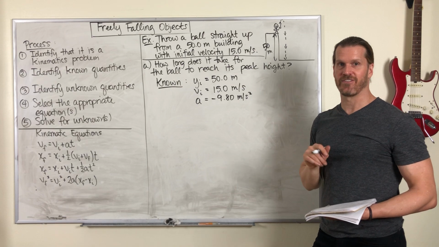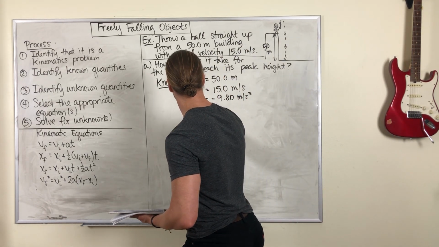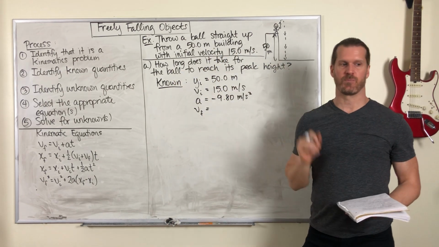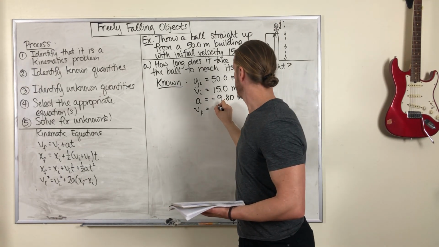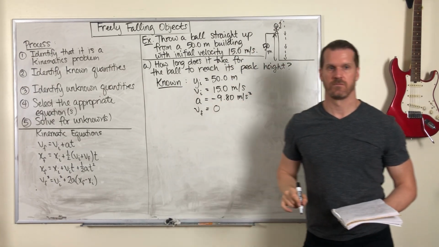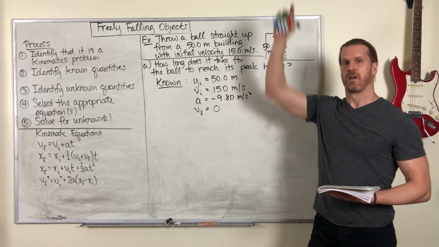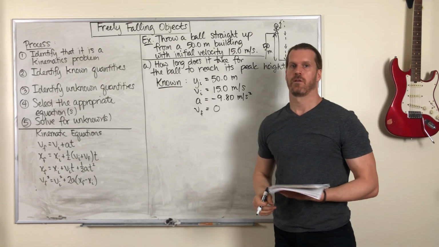And the other thing that's not stated, but which is definitely true, is that the velocity at that peak height is 0. Whenever you throw an object up, at the peak of its motion, that velocity is 0.